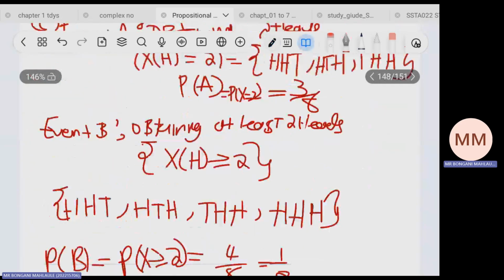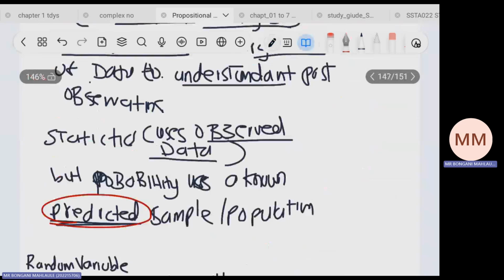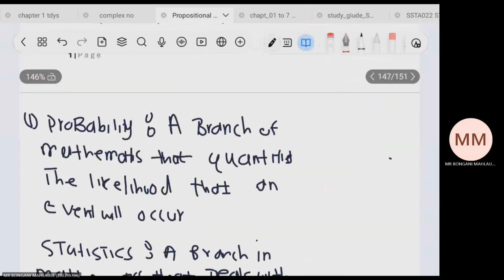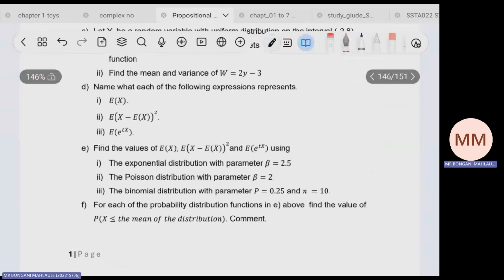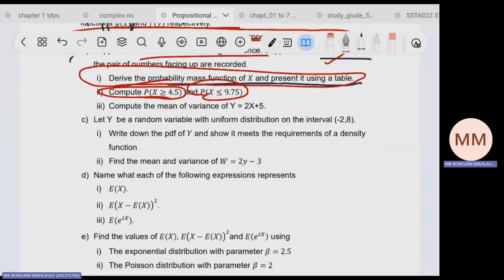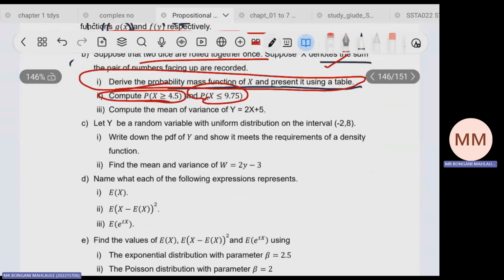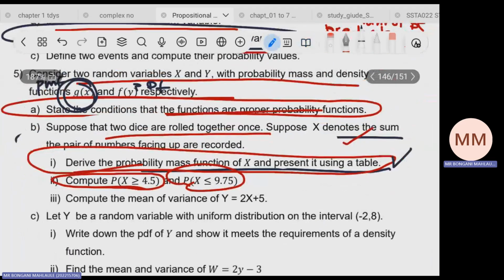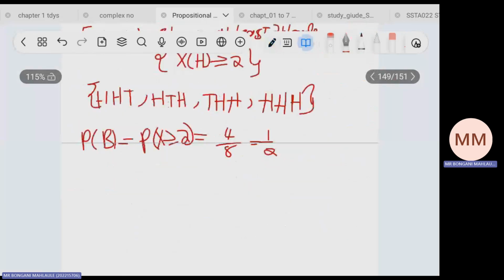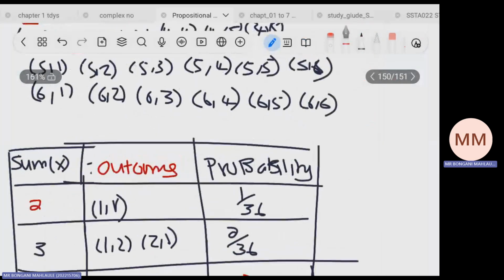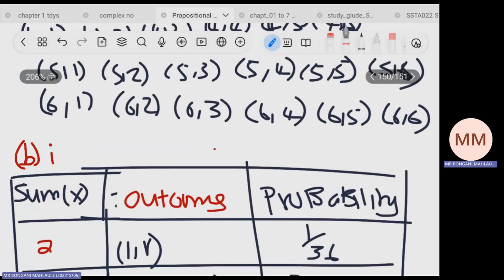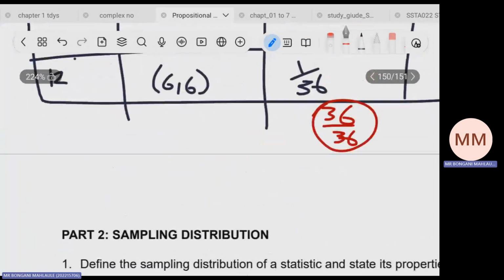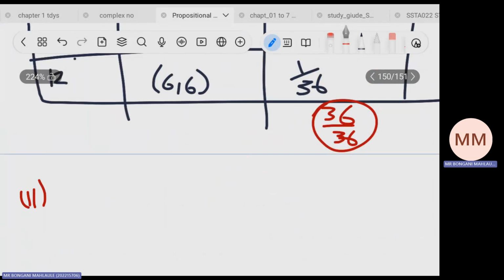Let me see. So we've done number B(i). Now they wanted us to do this Roman (ii). So they wanted us to check the probability of X greater or equal to 4.5.